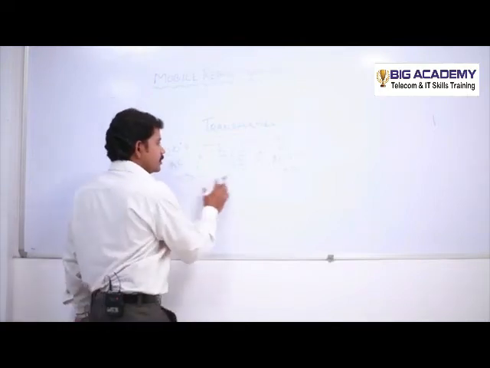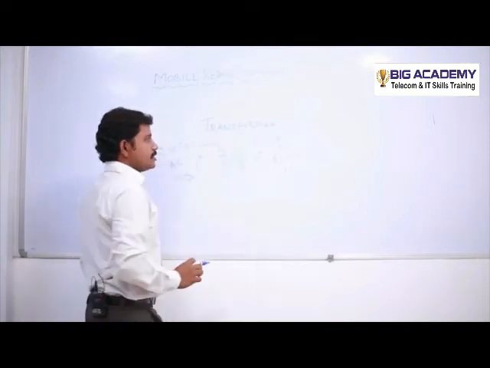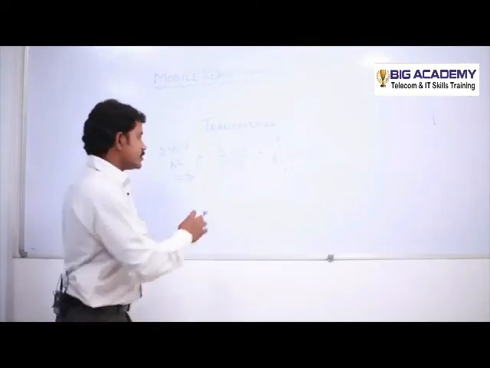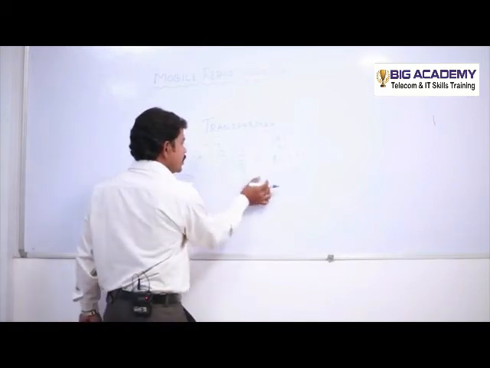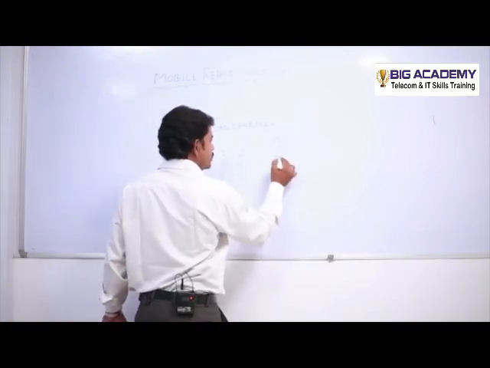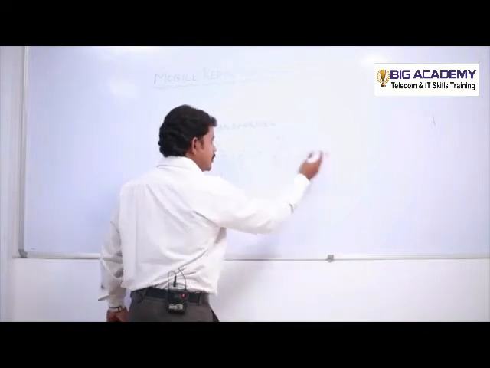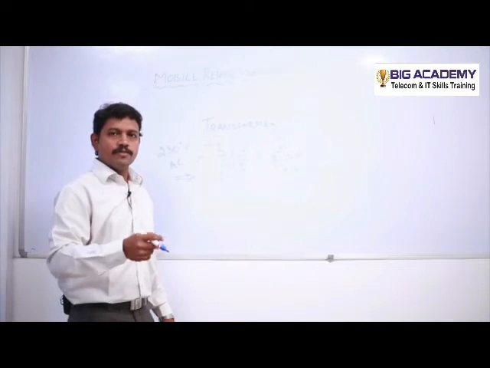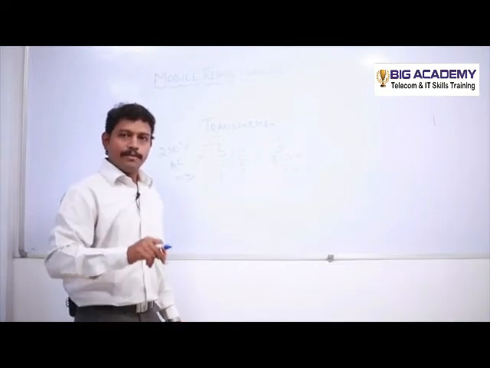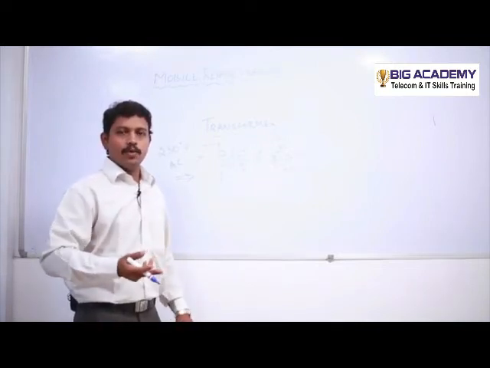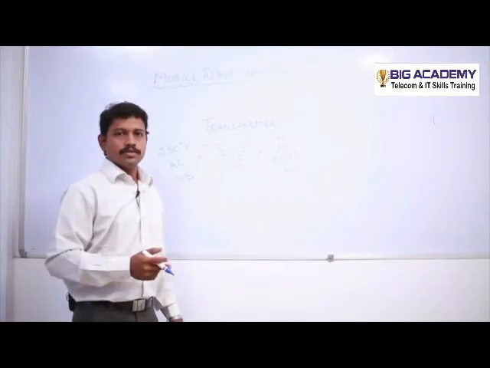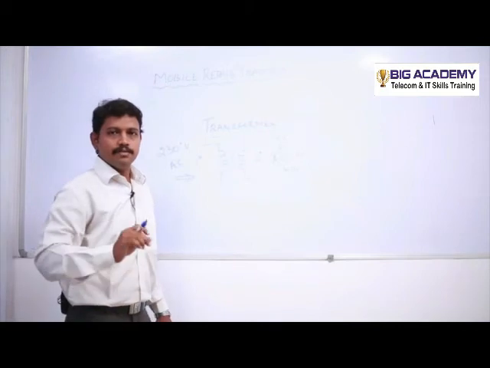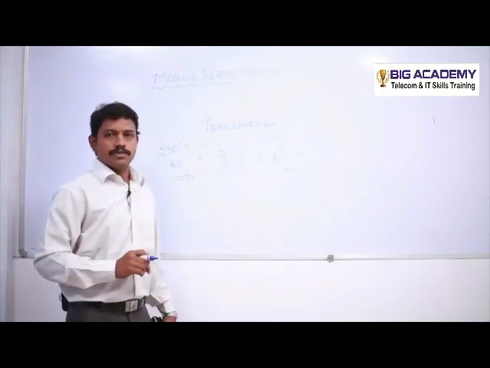So for that we are using the transformer inside your adapter. So this coil will reduce the AC signal. After that, this AC will be rectified to DC, and that DC voltage will be stored in your mobile batteries or laptop batteries, or wherever you want to store it. So that's why we should have some knowledge about transformers.